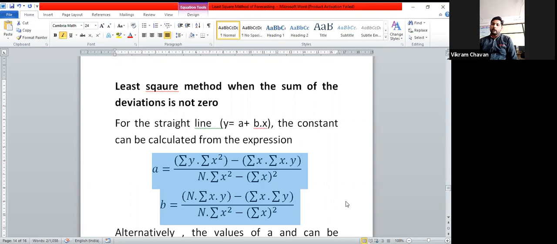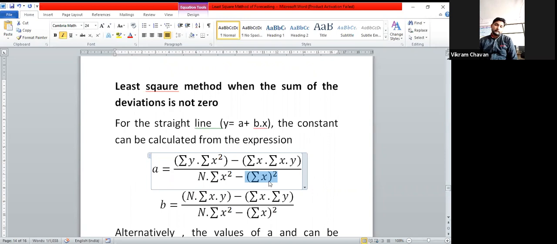Because if you forget the bracket in the denominator, it will become summation of x square, and that should not be the case. It is summation of x bracket square.